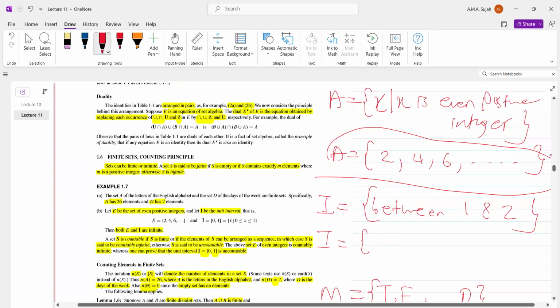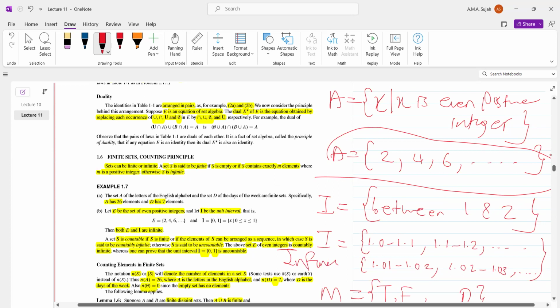One person says 1.0 to 1.1 is one interval, 1.1 to 1.2 is another interval. Someone else says 1.01 to 1.02, 1.02 to 1.03. We don't know exactly how many intervals there are for these types of sets. So in this situation, we can say this is an infinite set, right? We don't know exactly how many elements.